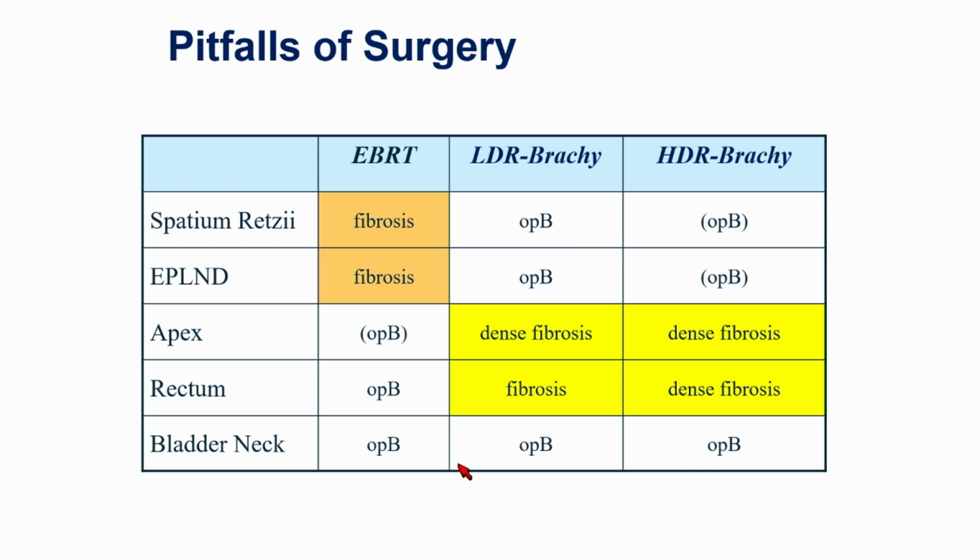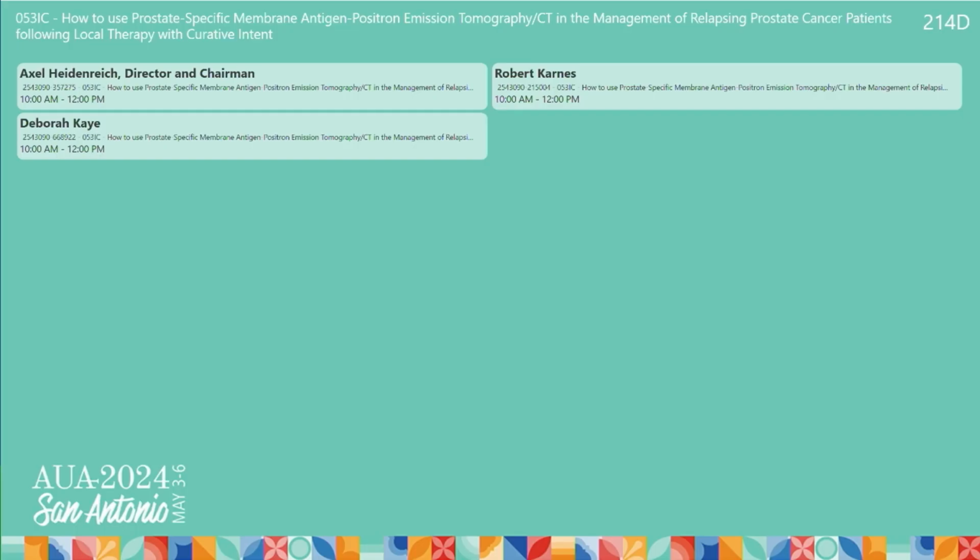So, you know, the Phoenix definition, which is nadir plus 2, obviously, when the PSA gets to 2, the PET scans are usually going to be positive, usually, not always. But the Phoenix definition basically predicted maybe about a 50% chance of local recurrence.